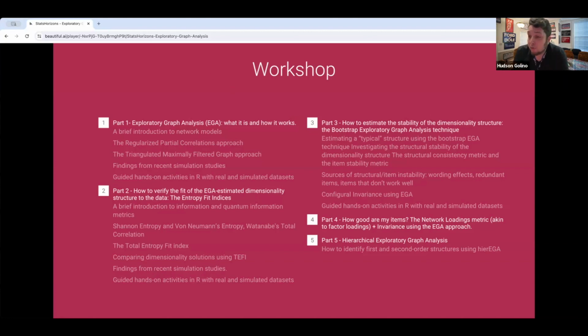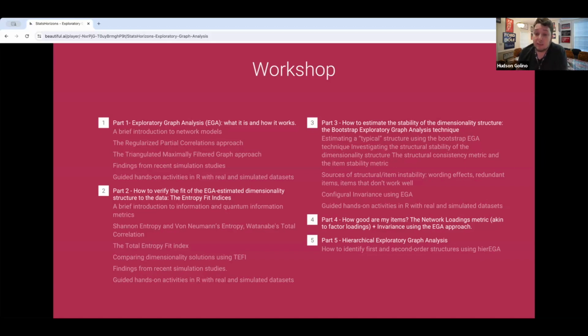Then in part 5, we're going to talk about our new method that was published last year in Psychological Methods, the hierarchical exploratory graph analysis, which automatically identifies the structure in two different levels, first order factors and second order factors, and how the solution can be different from the regular exploratory graph analysis.